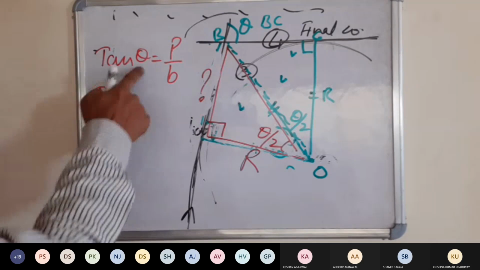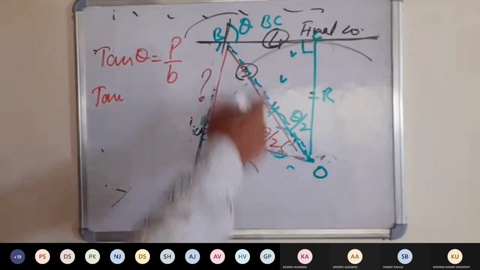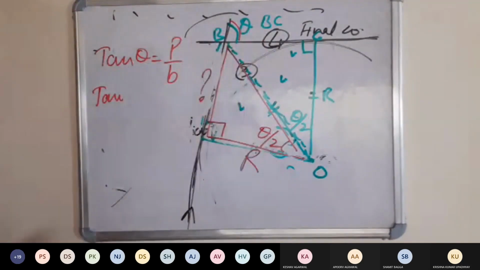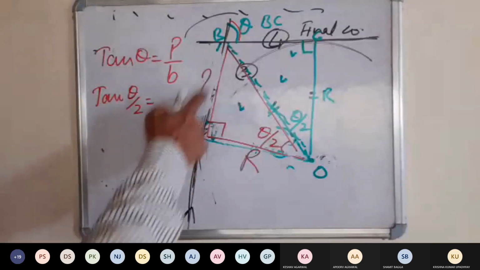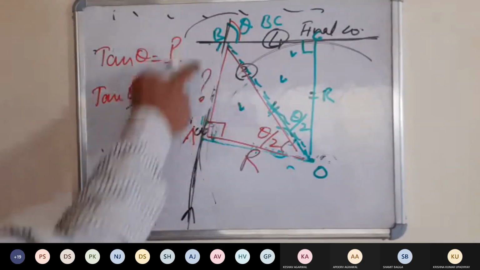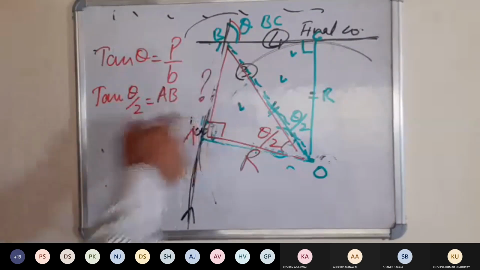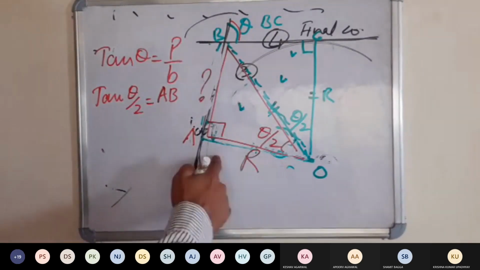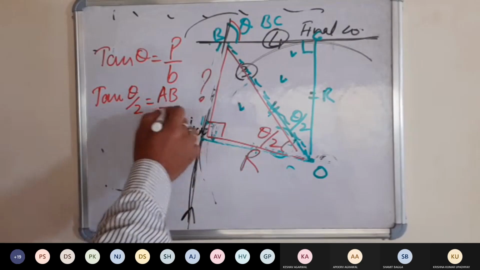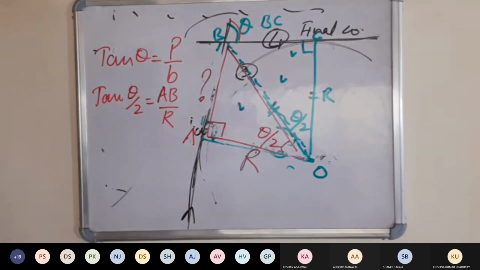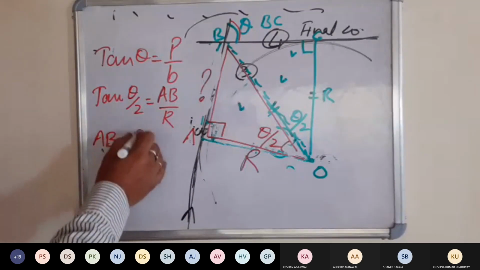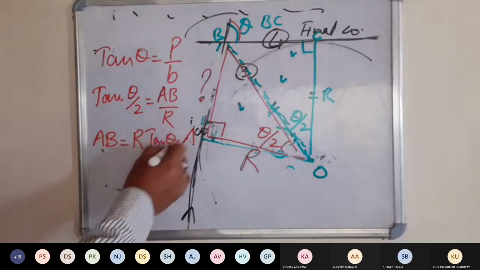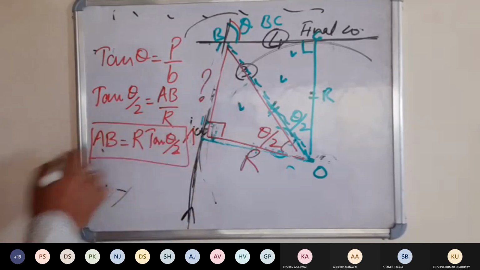Here, tan theta की जगह हमारा क्या एंगल है? जो ऑल्टरेशन एंगल है थीटा. This angle is how much? Theta by 2. So tan theta by 2 is equal to perpendicular. What is this perpendicular? It is AB. And what is this base? Sir, radius R. So AB is equal to R tan theta by 2. Is this okay or not?